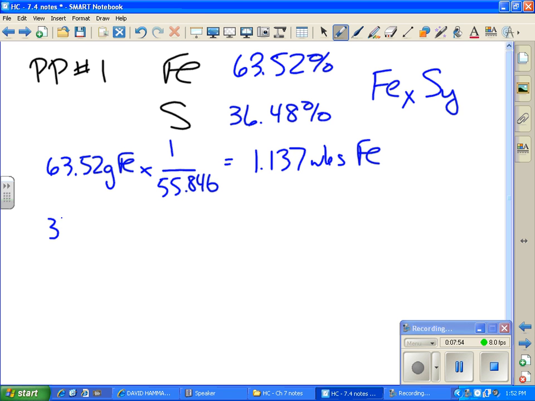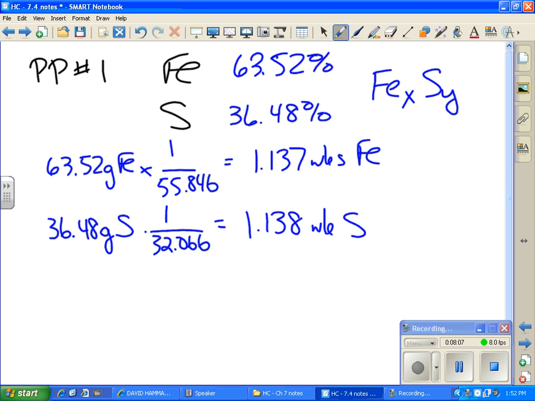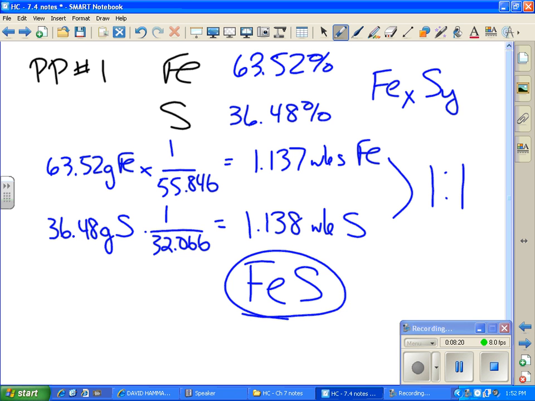We take 36.48% of sulfur, change it to mass, and divide by its molar mass, 32.066. We get 1.138 moles of sulfur. So as we can see here, 1.137 to 1.138 is a 1-to-1 ratio, so our final formula is simply FeS.